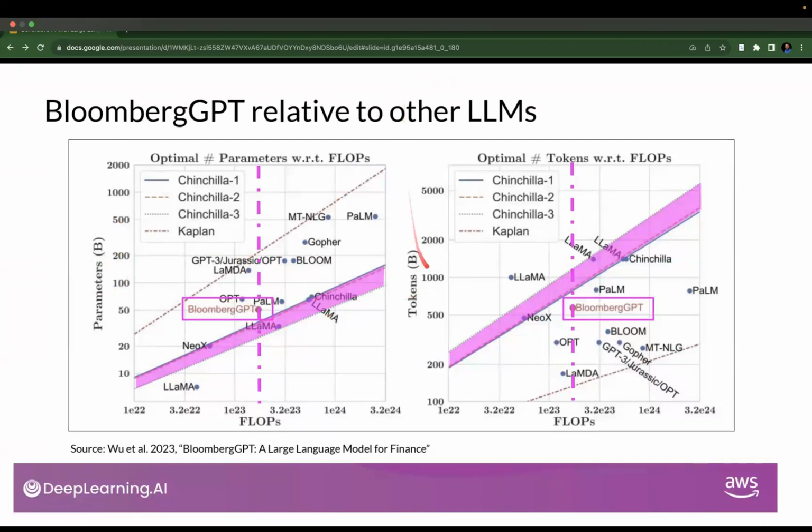And the number of tokens they have is also close, but not exactly that close to the Chinchilla recommendation. In fact, it has a little fewer tokens, and that is because of the lack of availability of enough financial text to train Bloomberg GPT.